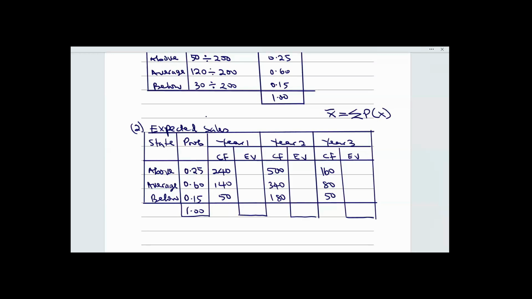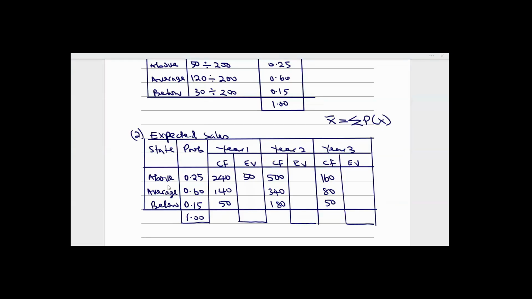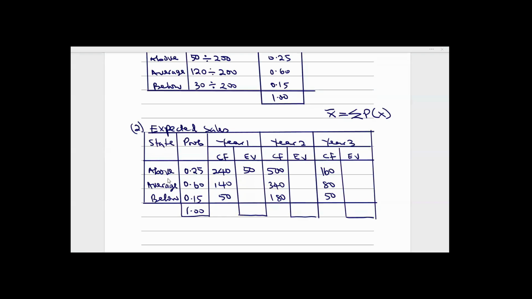For year 1, 0.25 multiplied by 240 gives 60. Then 0.6 multiplied by 140 gives 84.